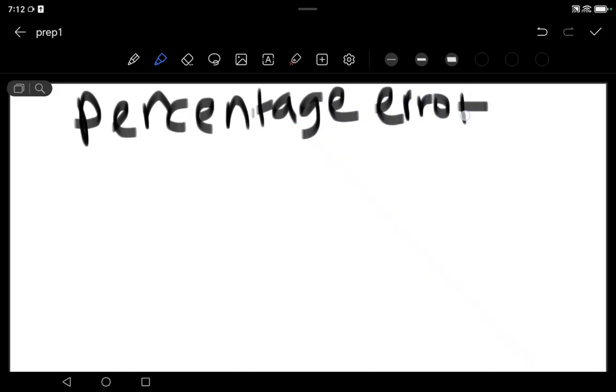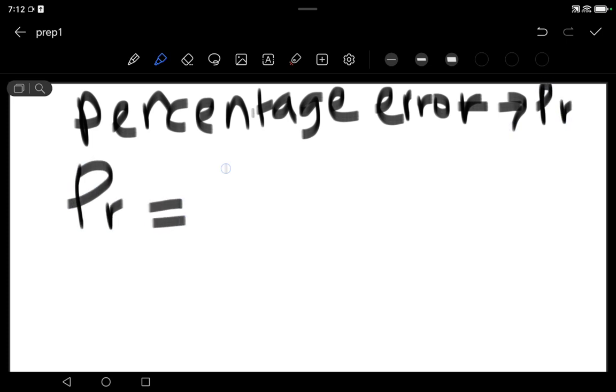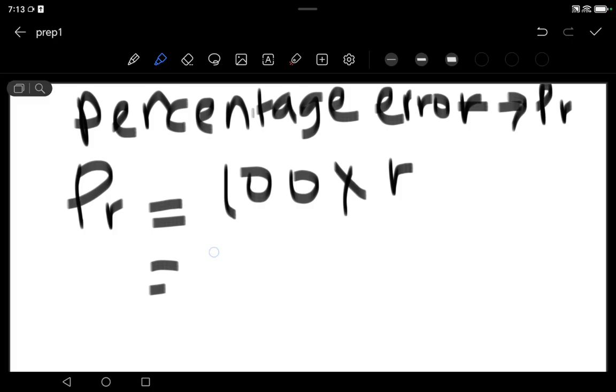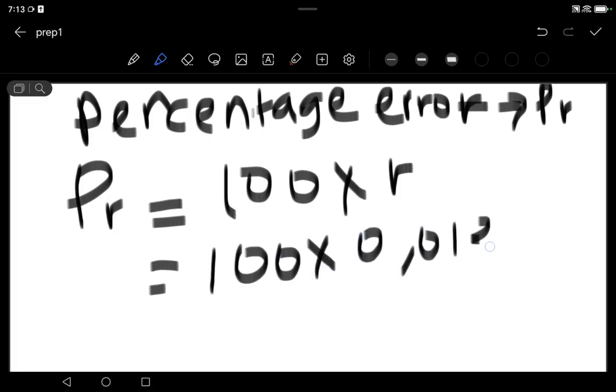The formula for percentage error is PR equals 100 multiplied by r. We've already calculated r, so we just multiply 0.013 by 100, and then you get your percentage.